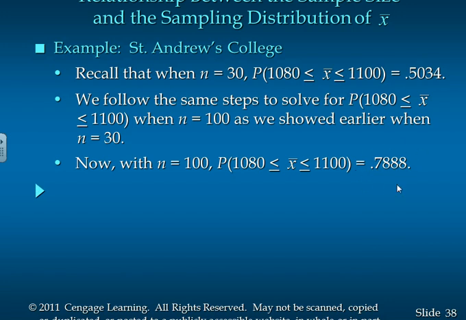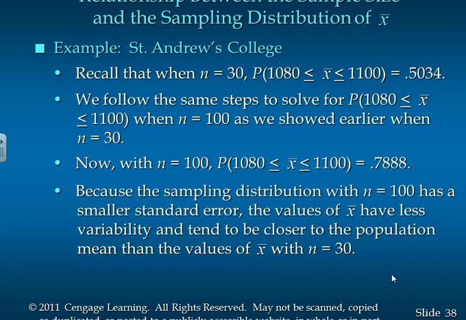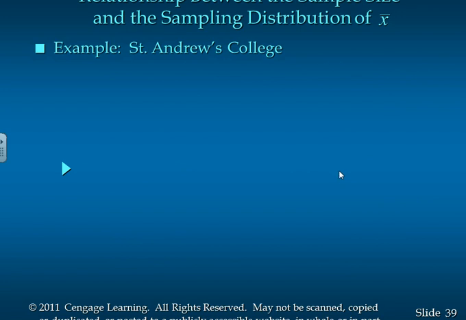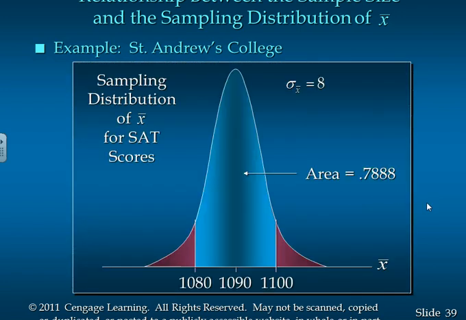I have a different probability of being right, basically, based on my higher sample. Because the sampling distribution for 100 has a smaller standard deviation, the value X bar has less variability, and therefore that's my situation. Okay, and now we see we have a different curve in a different area from the same data.